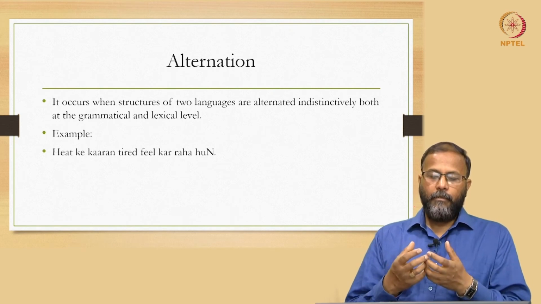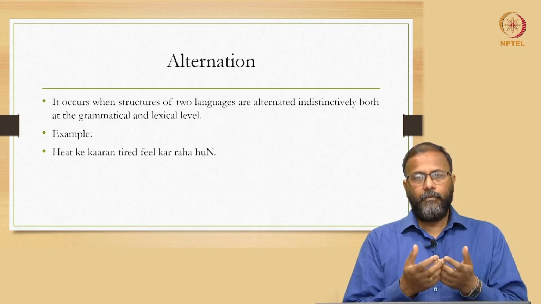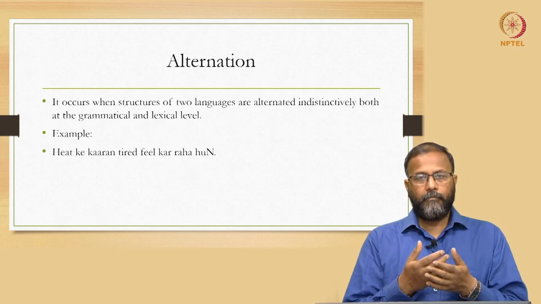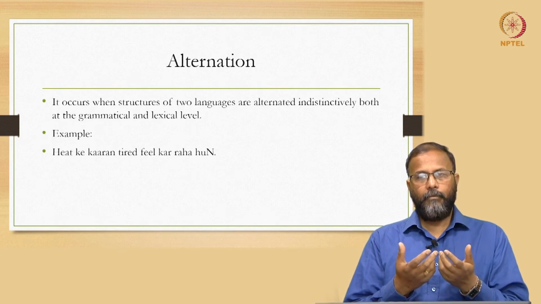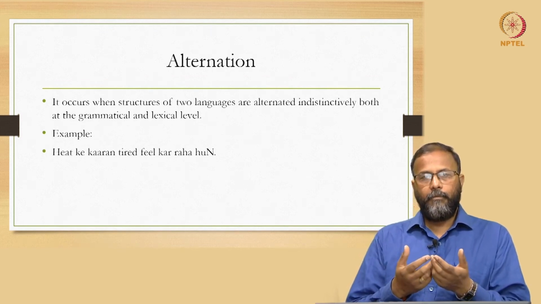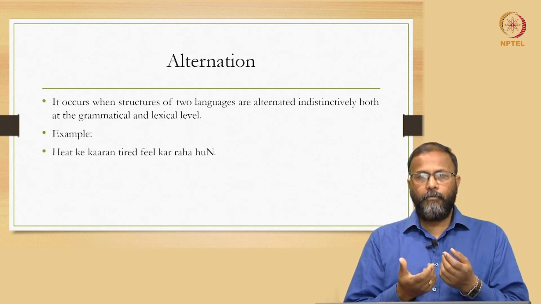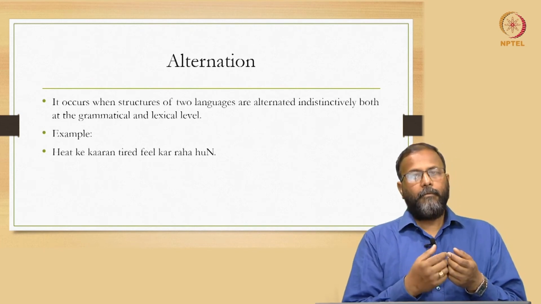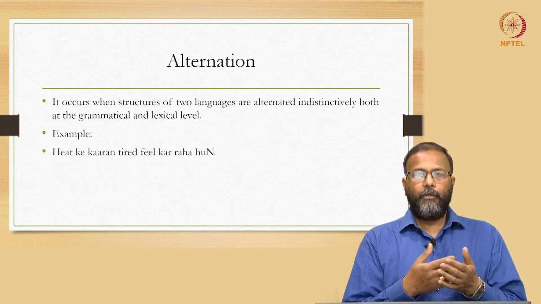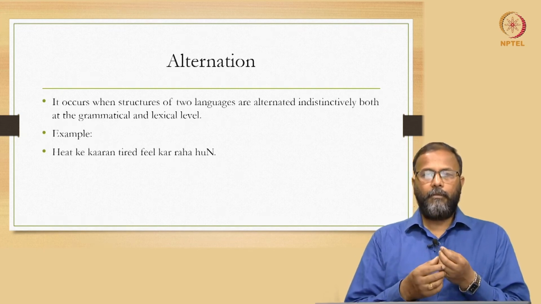Heat के कारण tired feel कर रहा हूँ. It's a Hindi sentence with alternations from English. Feel करना is a Hindi compound verb, to feel in English. The Hindi equivalent is महसूस करना.